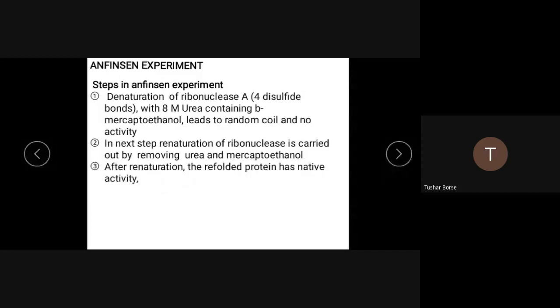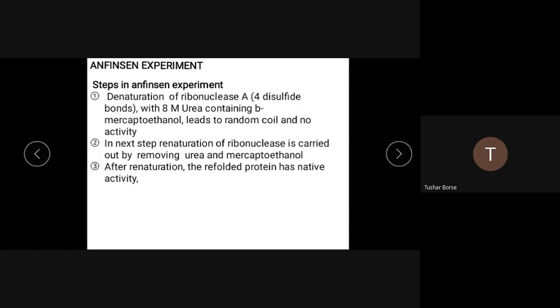First, he denatured ribonuclease. For denaturation, he used reducing agents, urea and mercaptoethanol, due to which the polypeptides are not folded properly. They adopt a random coiling.